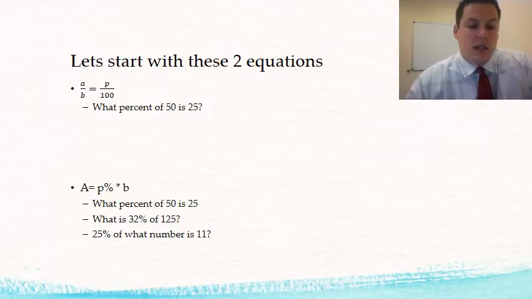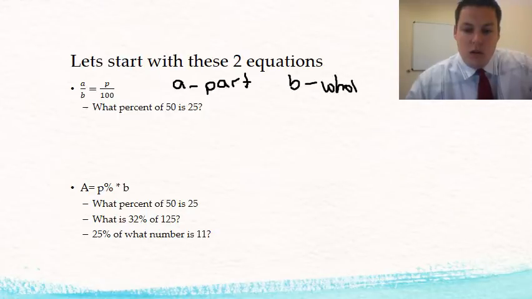So this means that you have A, which is the part of what you're looking for. B represents the whole. And P represents the percent, or decimal equivalent.